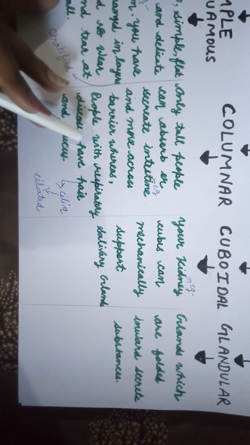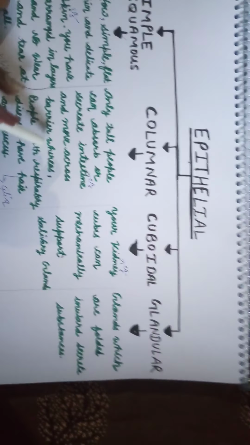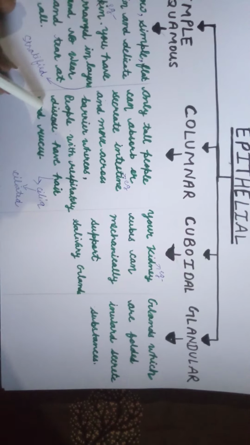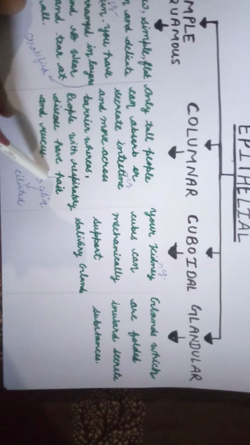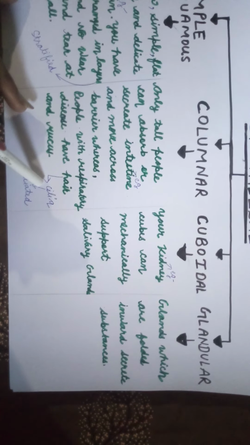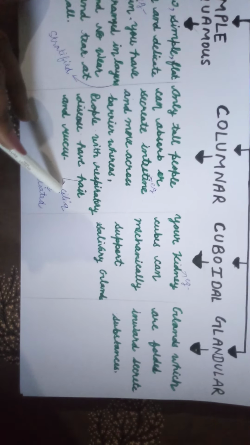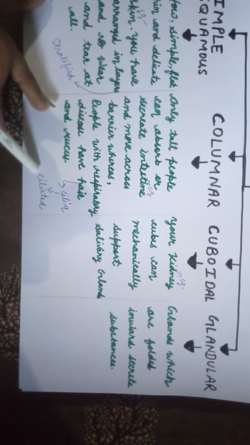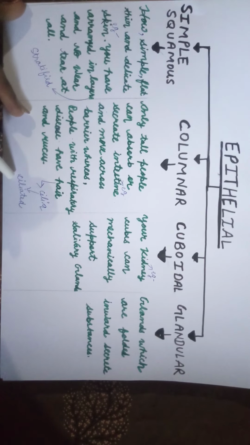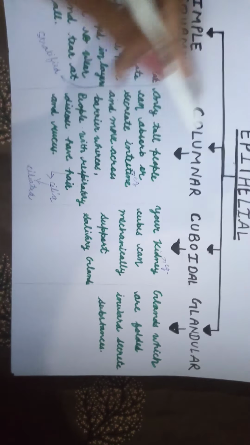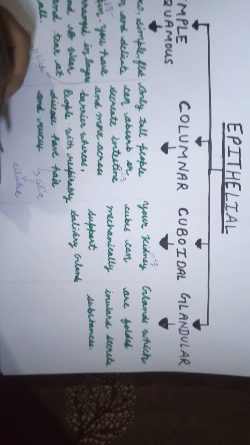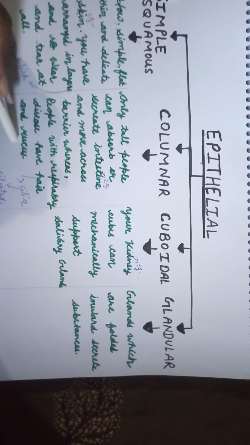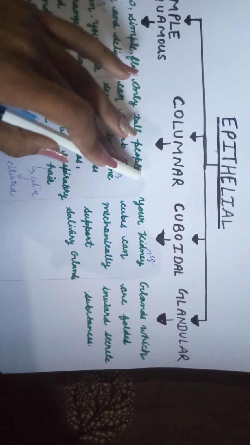Now the same columnar epithelial tissue, when present in the respiratory tract, has a hair-like structure called cilia. It is called ciliated columnar epithelial tissue, and it also produces mucus. So remember this sentence.